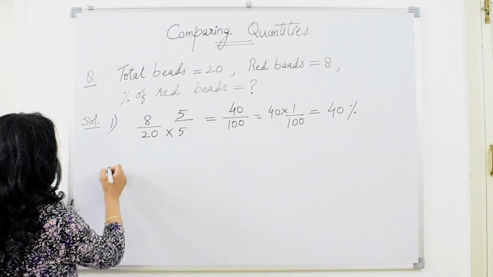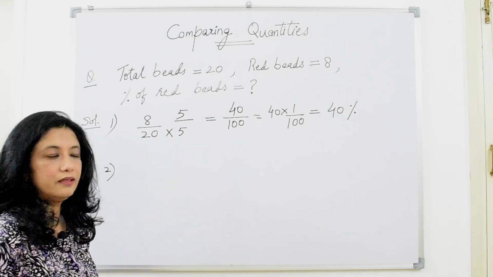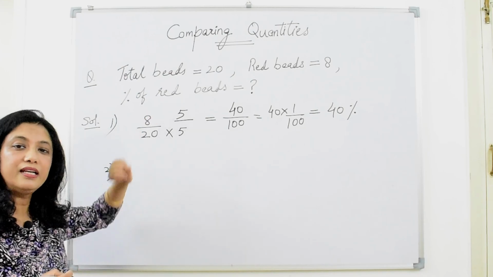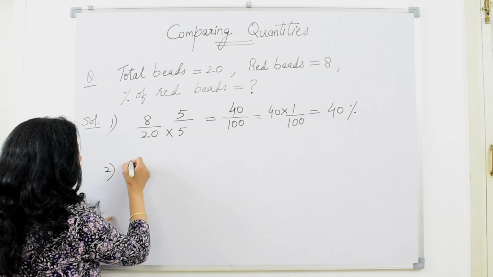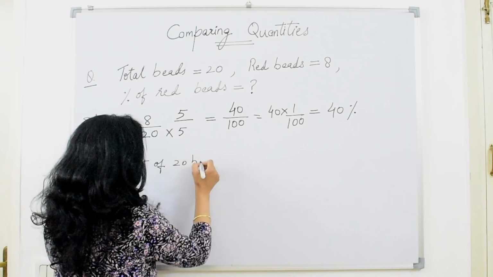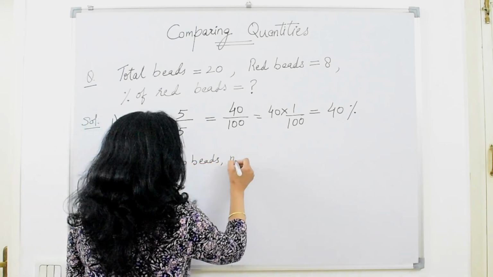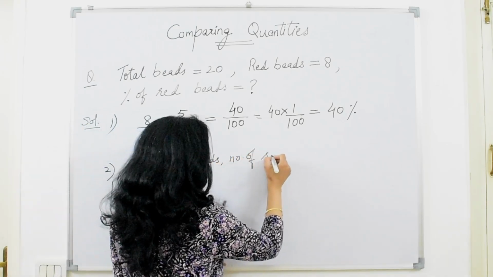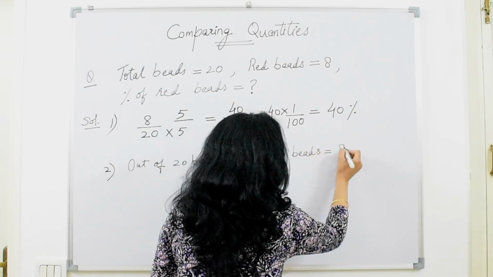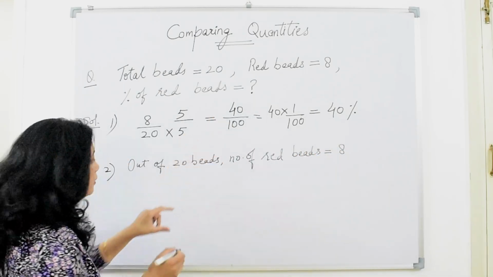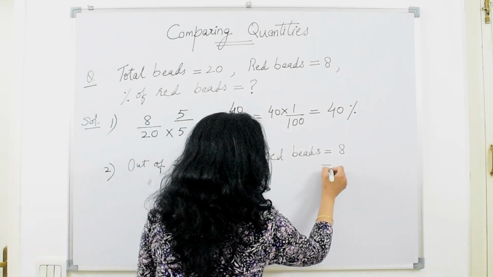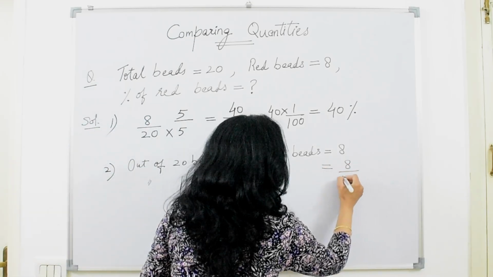Now another method is the unitary method. We have already learned the unitary method. The same way we will find the percentage of beads. Out of 20 beads, number of red beads is equal to 8. This we are given. Out of 1 bead, number of red beads will be 8 out of 20.